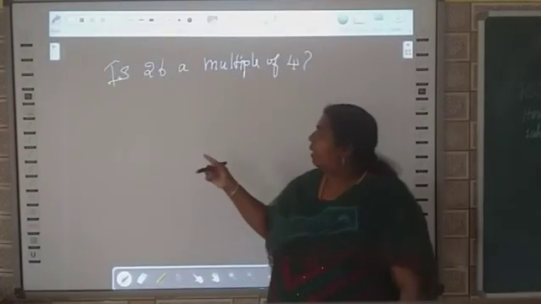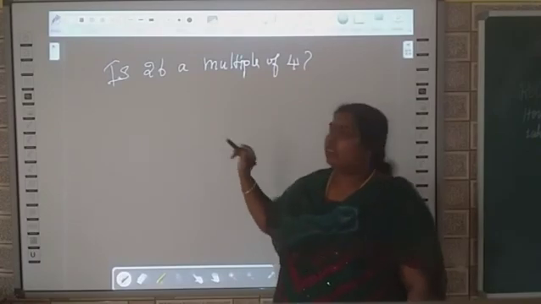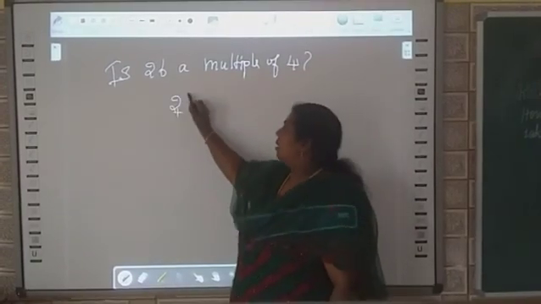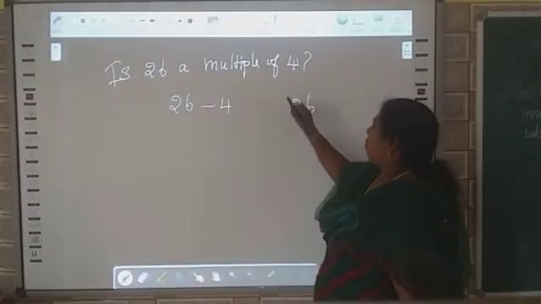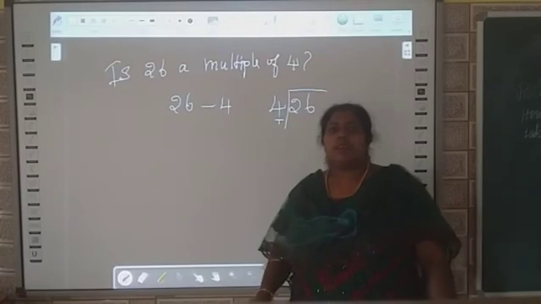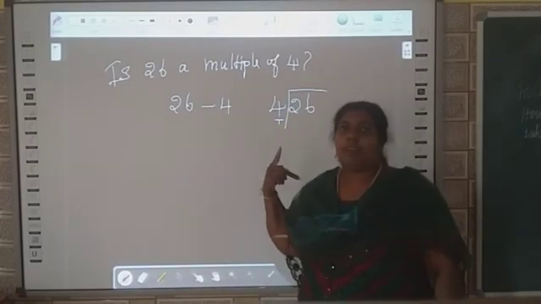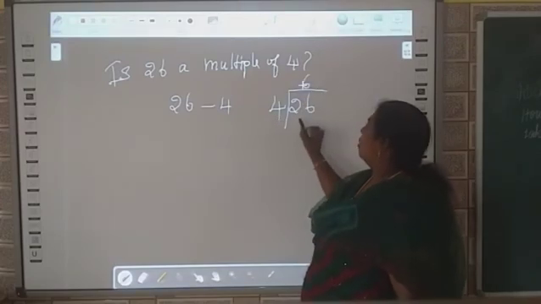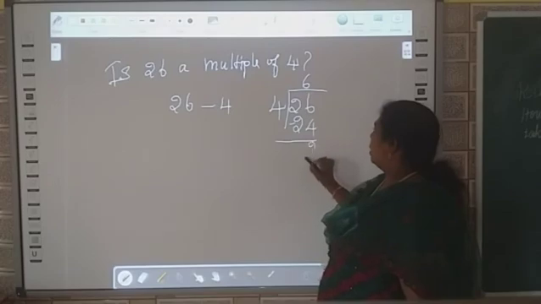Do you understand? So 32 is not a multiple of 5, but 48 is a multiple of 12, isn't it? See here, next question: is 26 a multiple of 4? Check it. 26 divided by 4. How many times does 4 come? 5 times 4 is 20. 6 times 4 is 24. 7 times 4 is 28 will come, right? So 6 times 4 is 24. Subtract, 26 minus 24 is 2.